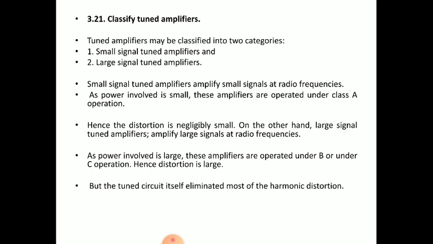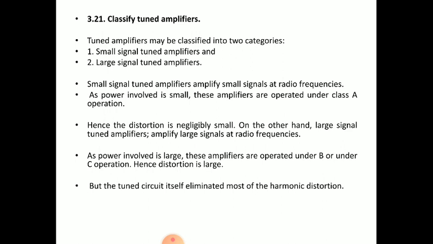First, classification of tuned amplifiers. Tuned amplifiers may be classified into two categories, that is small signal tuned amplifiers and large signal tuned amplifiers. Small signal tuned amplifiers amplify small signals at radio frequencies. As power involved is small, these amplifiers are operated under class A operation.